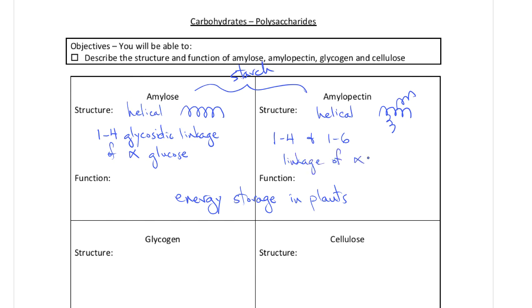So that additional way of joining multiple glucoses provides that branching structure. In fact, the branching gives more endpoints where enzymes could put on or take off glucose, and so enables glucose to be added or taken off of amylopectin more quickly. But both amylose and amylopectin form what we think of as starch, and in fact starch is a mix of the two, usually more amylopectin.